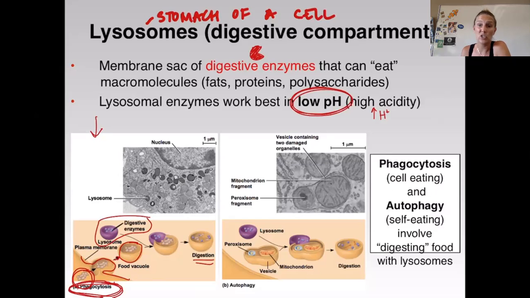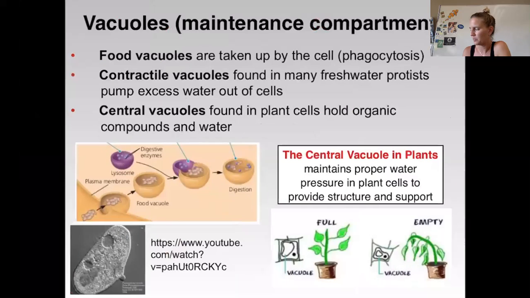If a cell is starving, it will go through what is called autophagy, where it will actually start digesting organelles within the cell. So cells can also starve, and they break down themselves if they're starving through lysosomal degradation, right?